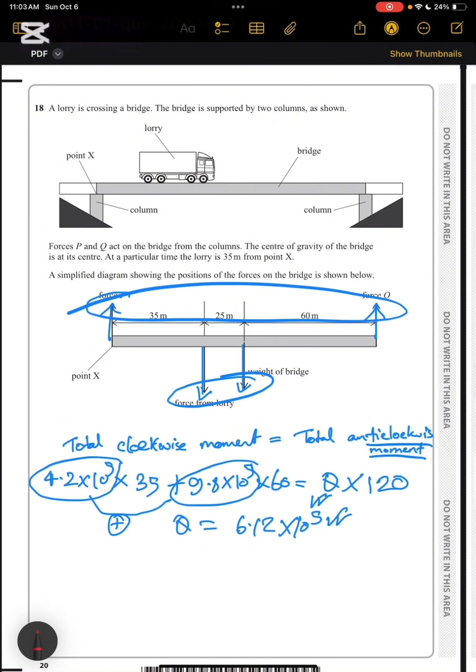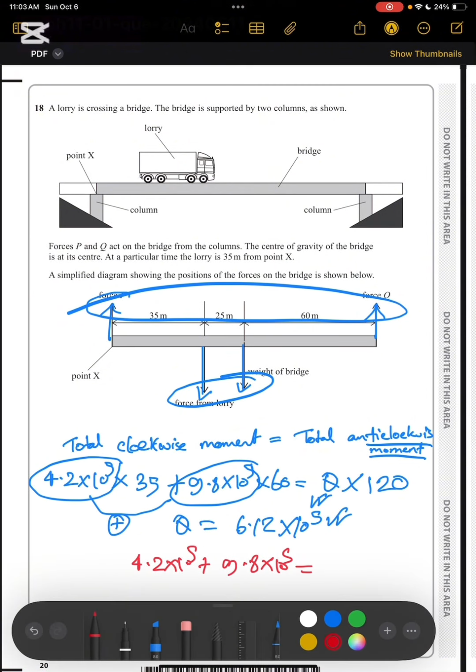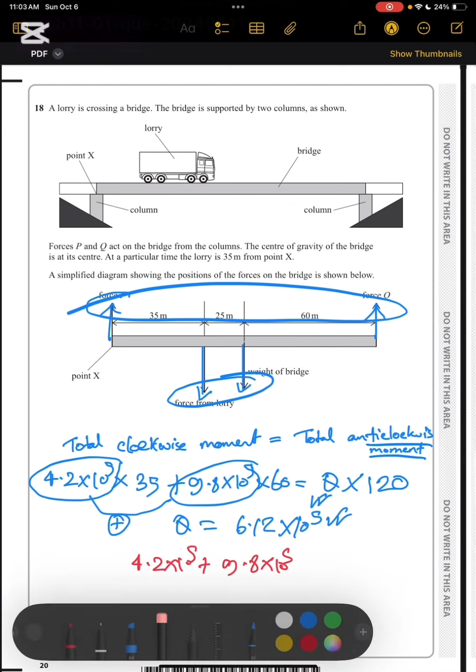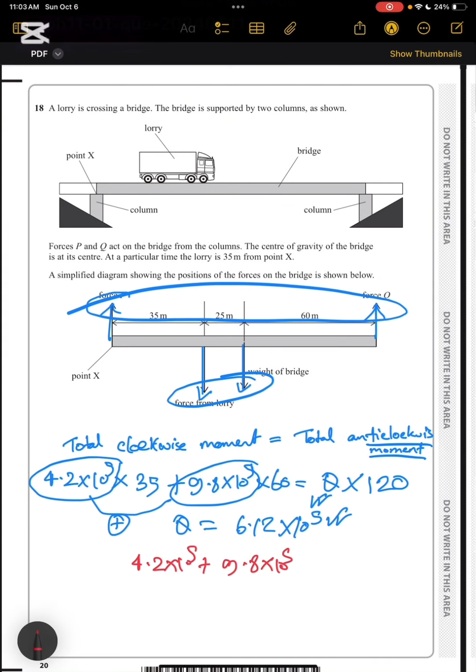What we will do is 4.2 into 10 to the power 5 plus 9.8 into 10 to the power 5, minus this Q, which is 6.12 into 10 to the power 5, is equal to 7.88 into 10 to the power 5.